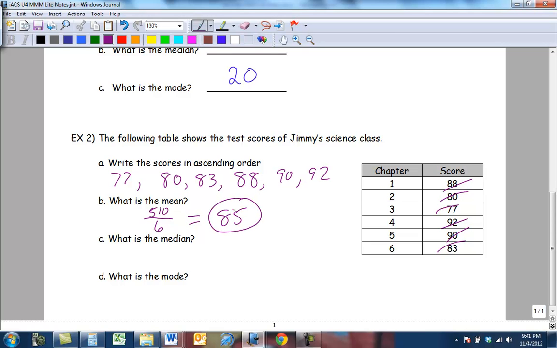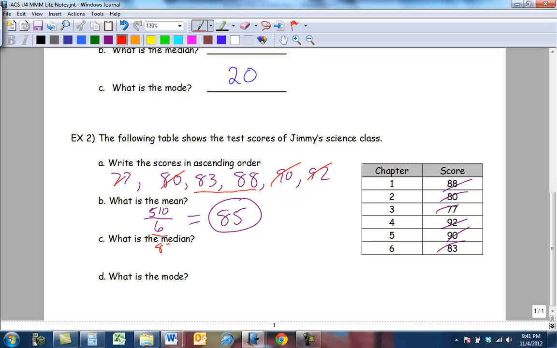The average is 85. Now, what is the median? The median is where it meets up in the middle. Now, I have 6 entries, so that means it's going to get tricky, right? These two terms in the middle, I got to find the average of 83 and 88.